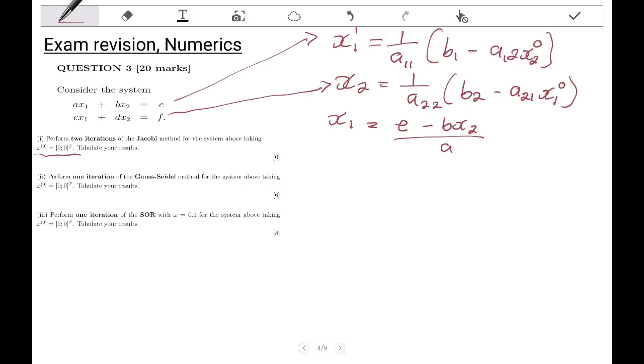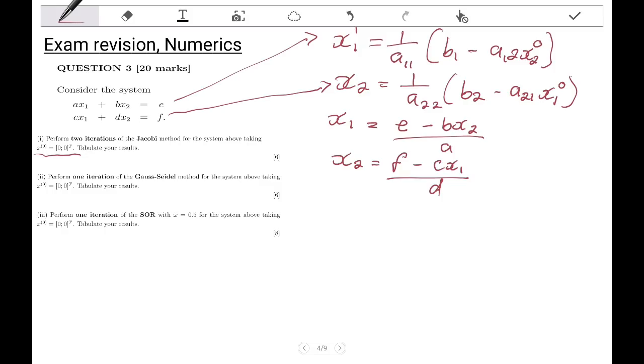And then for x2 it's going to be f minus cx1, not d, cx1 divided by d. So x2 is equals to f minus cx1 divided by d. So this is the rearrangement of these 2 equations.